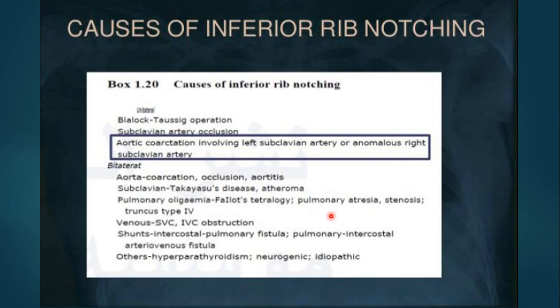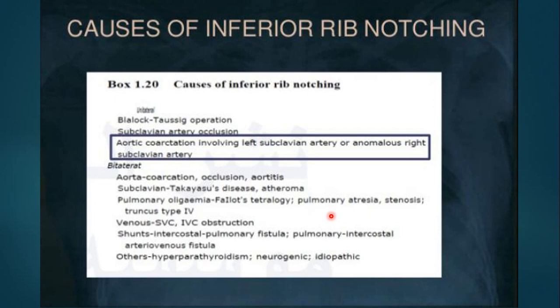So, what are the other causes of inferior rib notching? We have a lot of causes. You can see them here. For example, Blalock-Taussig operation, subclavian artery occlusion, aortic coarctation involving the left subclavian artery, or anomalous right subclavian artery. These are the causes of unilateral, while bilateral inferior rib notching can be due to aortic coarctation, occlusions, aortitis, subclavian causes including Takayasu disease and atheroma.